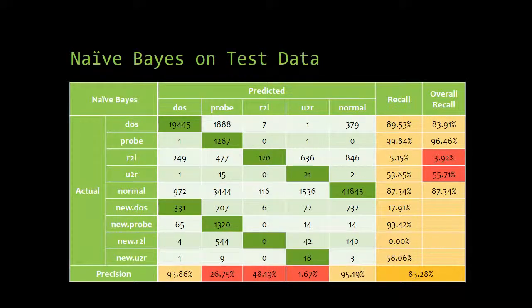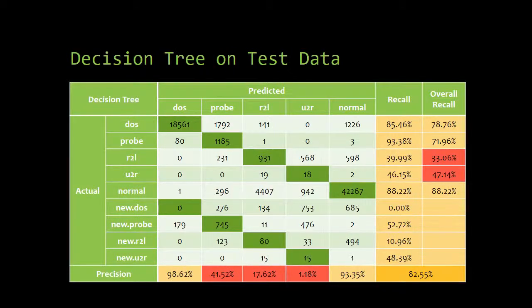Then the naive Bayes on test data gives better results than the training data, but the recall rate for R2L and precision rate for U2R and probe are unacceptable.